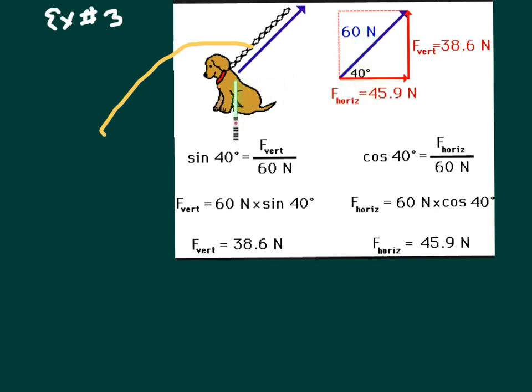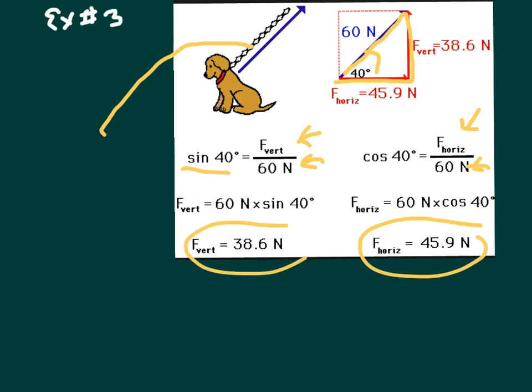40 degrees, that's the angle measure that you're pulling up Fido's chain with. These are the components, 38.6 and 45.9. How did you get them? You used trig. So looking at my right triangle here, 40 degrees, you did the sine of 40 is opposite over hypotenuse, cosine of 40 is adjacent over hypotenuse. You solve the same way and you got the numbers.